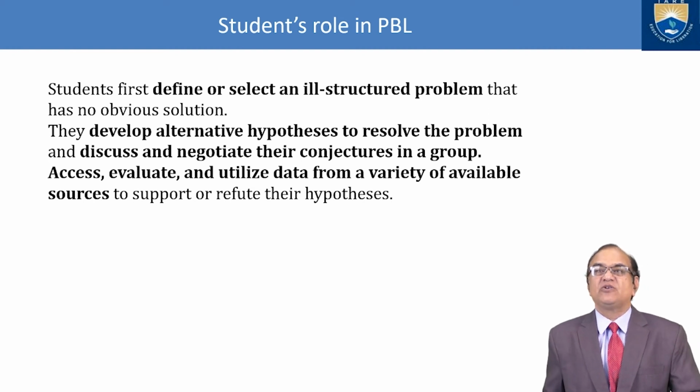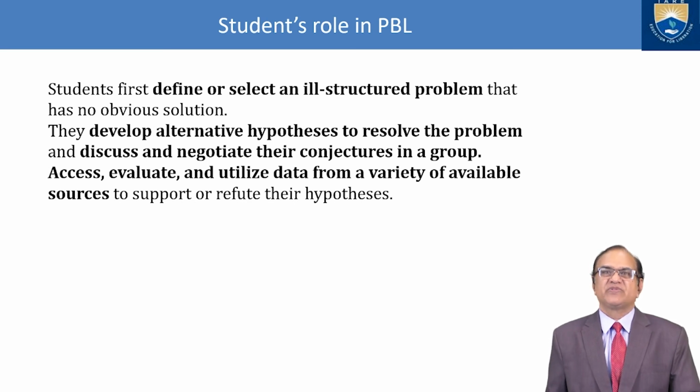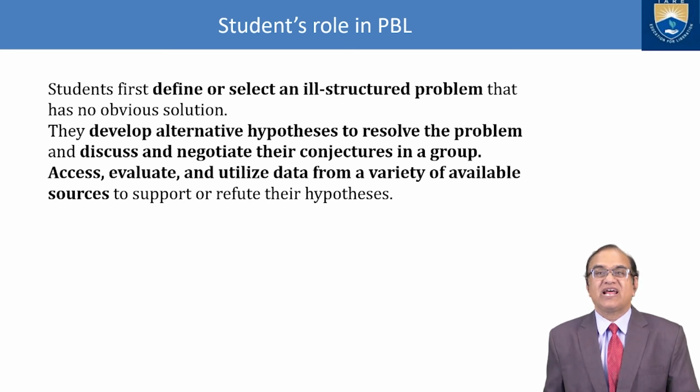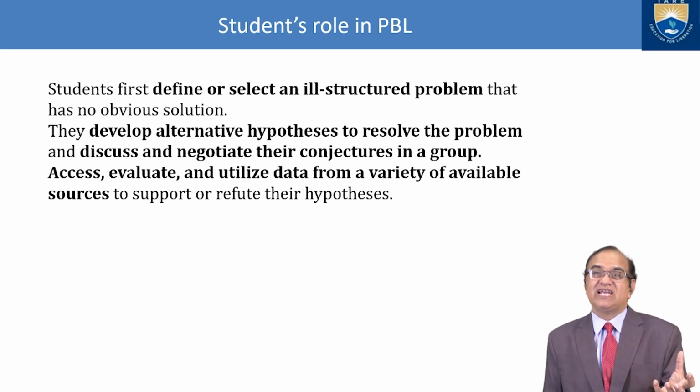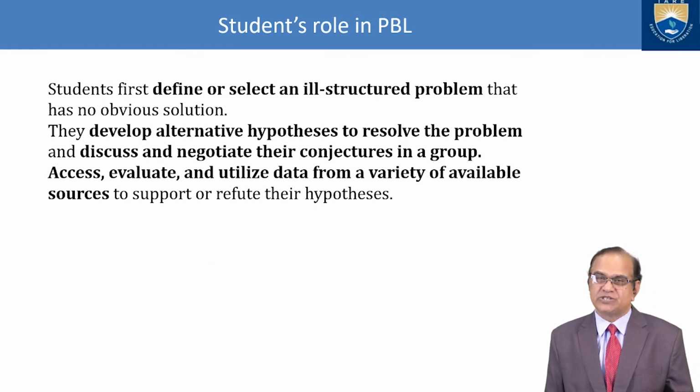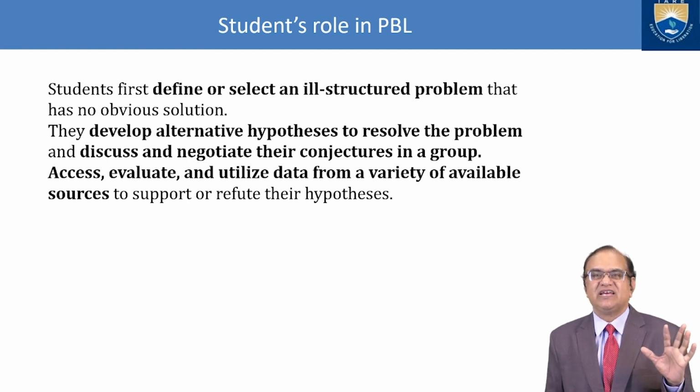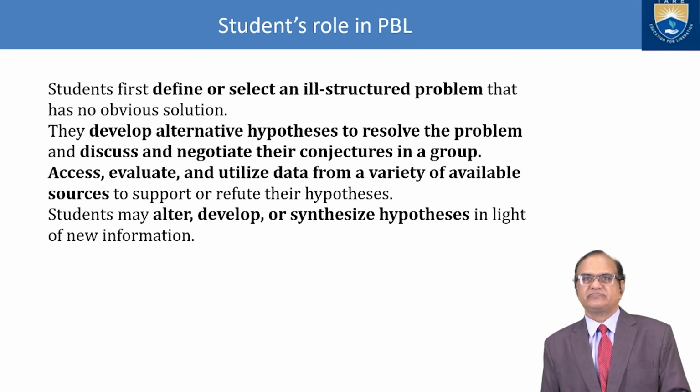Access, evaluate and utilize data from a variety of available resources to support or refute their hypothesis. So they have to access, evaluate and utilize the available data from available sources. It may be from a paper, newspaper, books, articles, anything. They have to find it, but these things should be authenticated. Your data access should be authenticated access.